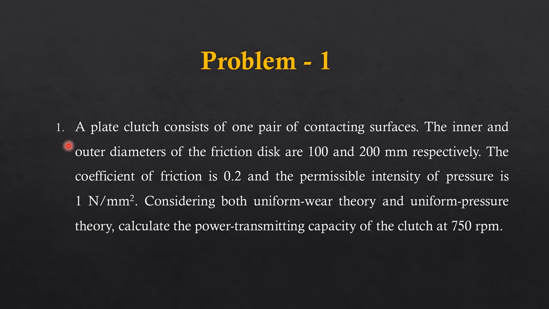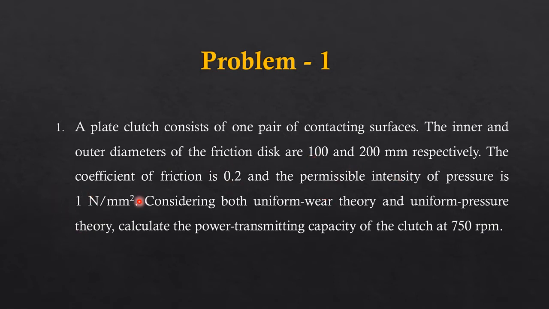Okay, so the problem statement is as follows. A plate clutch consists of one pair of contacting surfaces. The inner and outer diameters of the friction disk are 100 and 200 mm respectively.